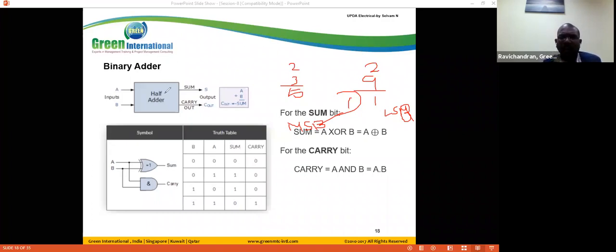For the half adder, just see, it is the truth table for the XOR gate.